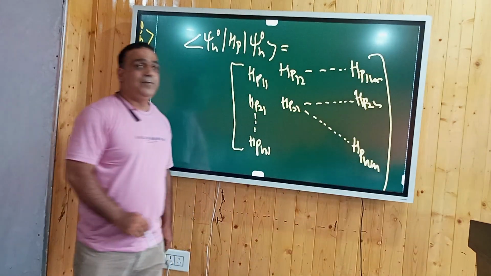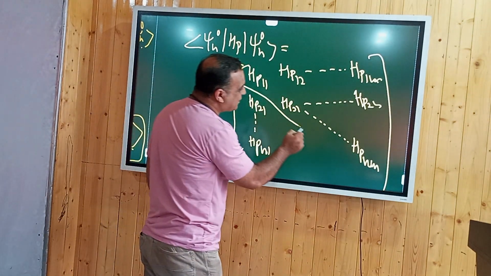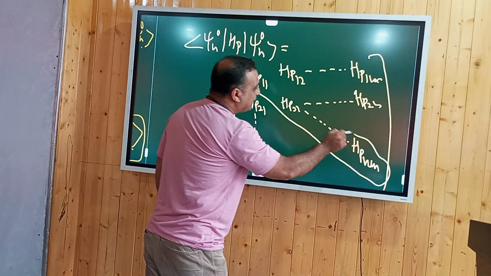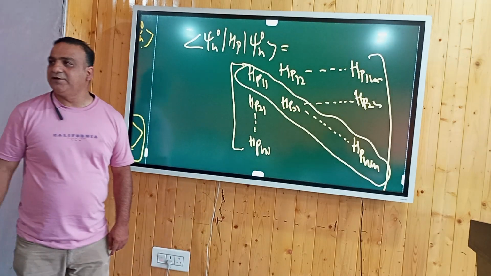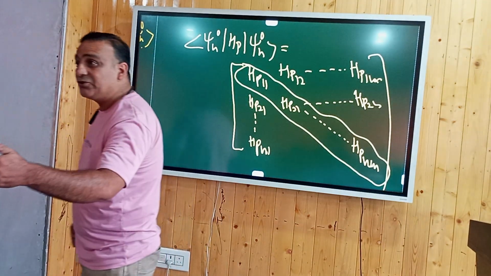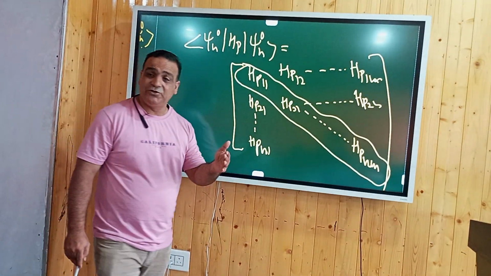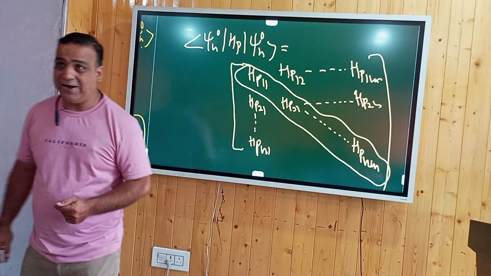So this is your matrix, and the diagonal elements of this matrix will give you the corrections. The diagonals of this matrix will give us the energy eigenvalues, the correction that you are introducing to your system by introducing the perturbation to your problem, right?